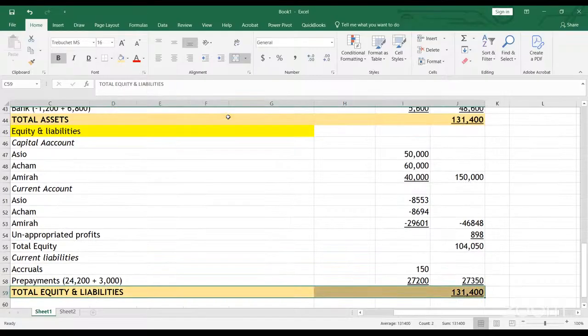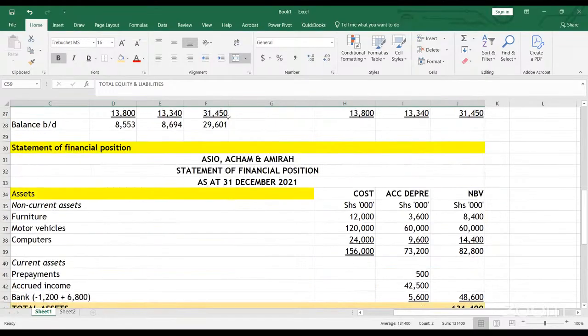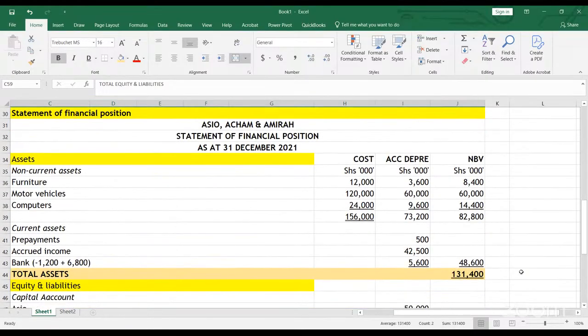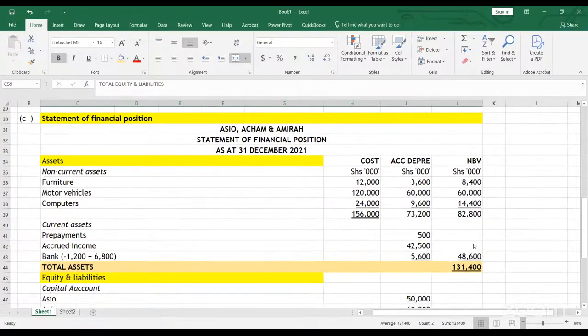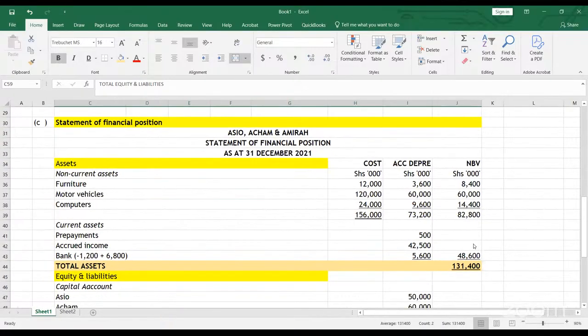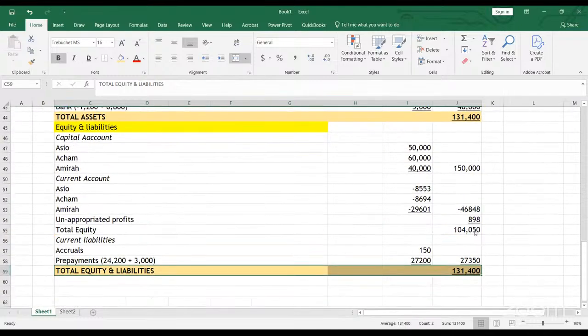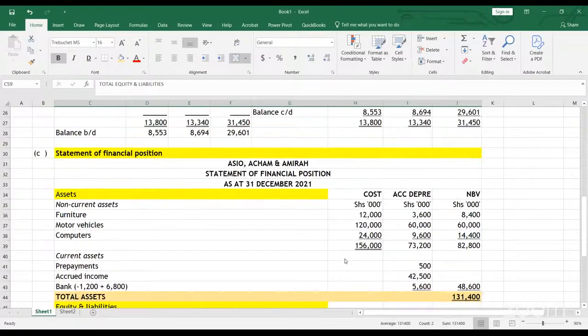You see, this is a statement of financial position for a CO, a CHAM, and a mirror. So this is part A. This is part B of the current account and the capital accounts, and then the statement of financial position.